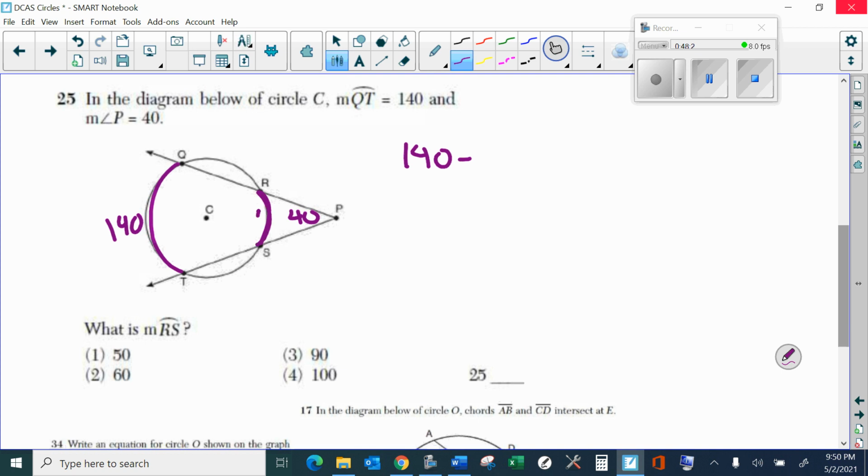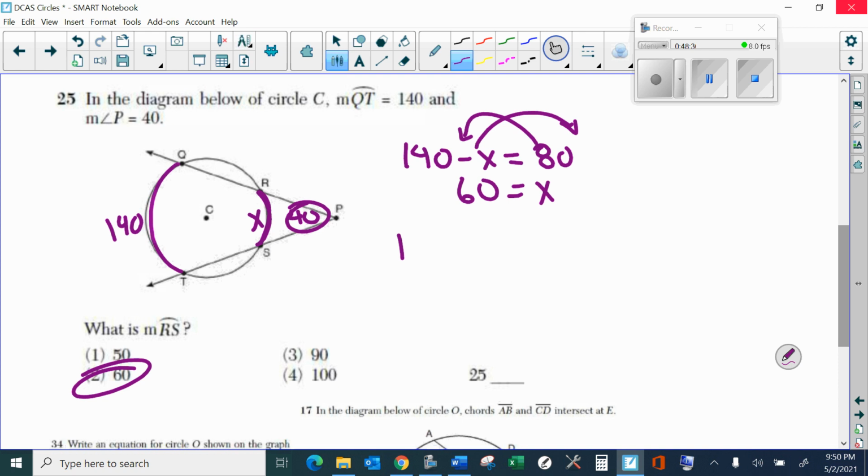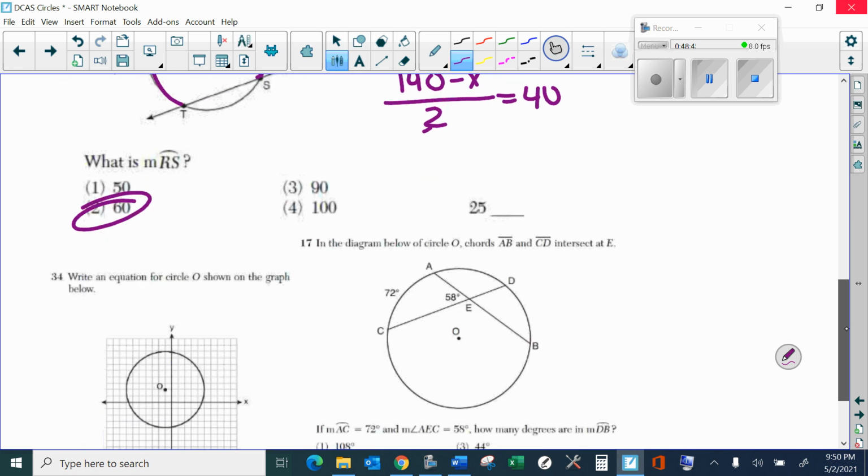RS was called X, equals double the angle measure, 80 degrees. Add the X across, subtract the 80 across. 140 minus 80 is 60 degrees. Now don't forget, I could have done 140 minus X, divided by 2, equals the angle measure. And then of course the first step is to multiply by 2 on both sides to get up to the 80, if you prefer that method.